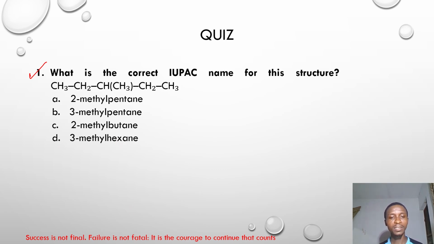Let's now analyze this quickly. We are using this staggered structural formula to draw a common structural formula, because if you are not so very vast in organic chemistry, it may be very difficult for you to name this with this staggered formula.